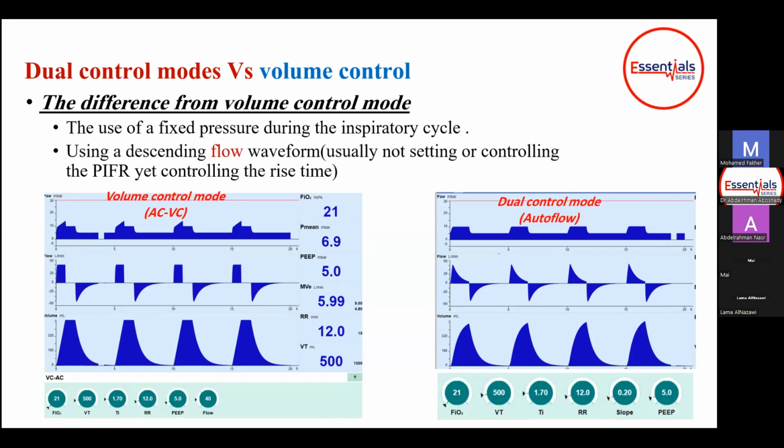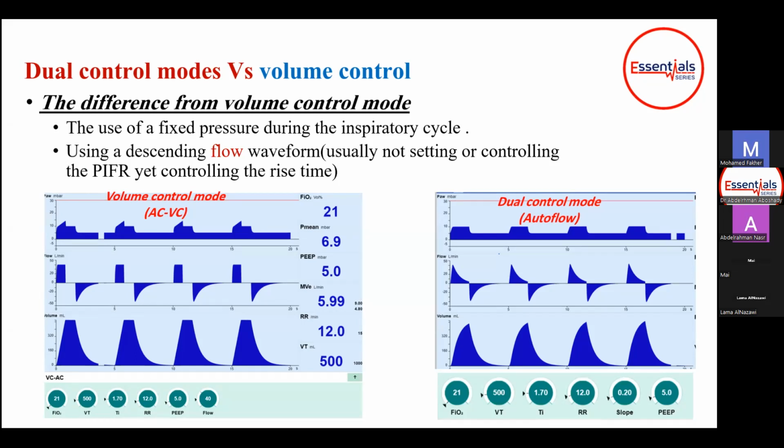Usually, volume control modes use a constant flow pattern, as we see on the left side. But dual control mode, being a subtype of the pressure control mode, uses a descending flow pattern, which is more synchronous for the patient and allows more synchrony between the patient and the ventilator.